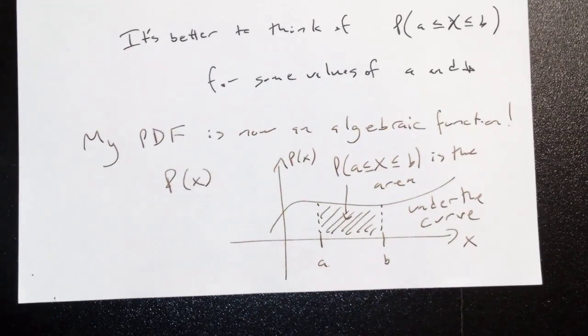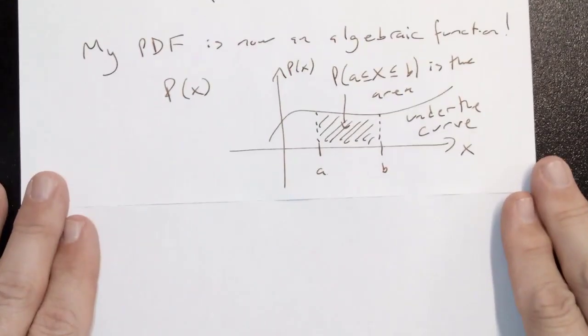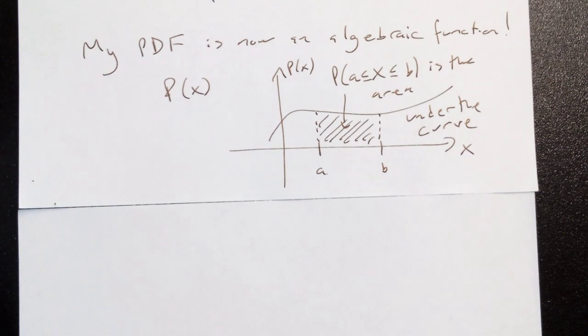We had one other comment about probabilities, and that was that if you added up all the probability, what did you get? 1. Which means the total area under this curve, from as far left as you want to go to as far right as you want to go, has to be 1.